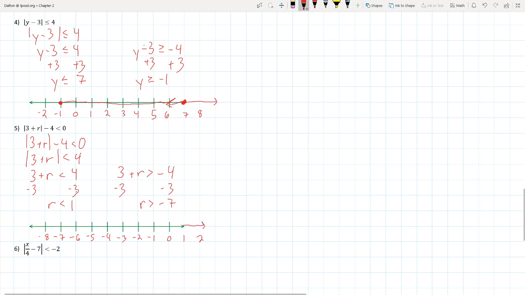So r is less than 1. So I go to the 1, I do an open dot, because there's no equal to sign. A number that's less than 1 is 0. I go to -7, again, open dot. And a number that's greater than -7 is -6.